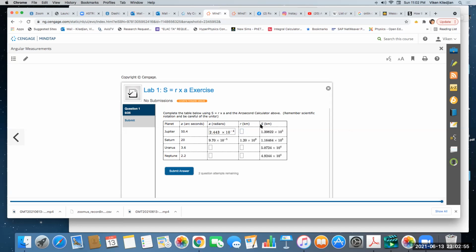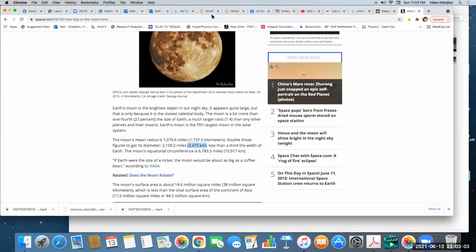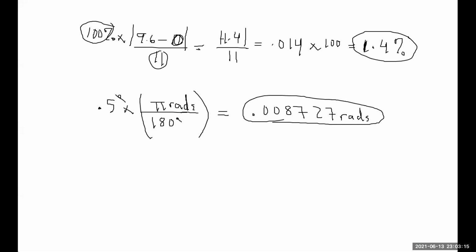Basically it's S equals R theta, right? So let's go to the whiteboard. Let's clear this.